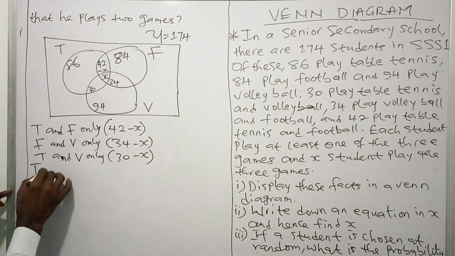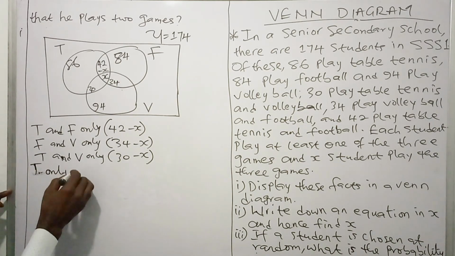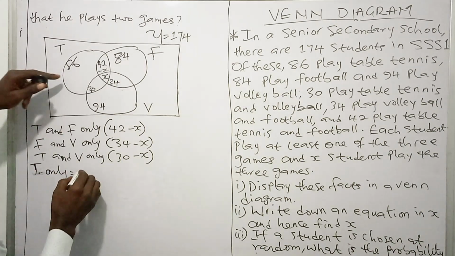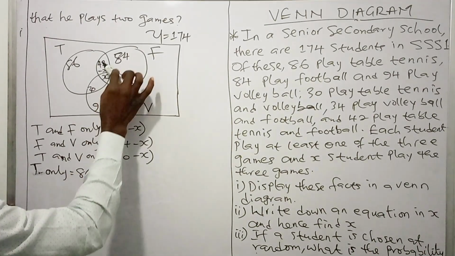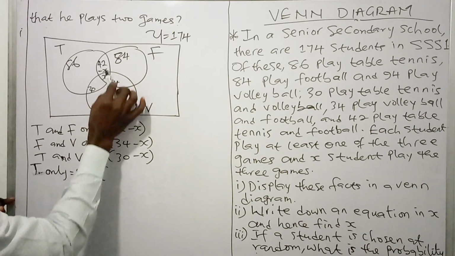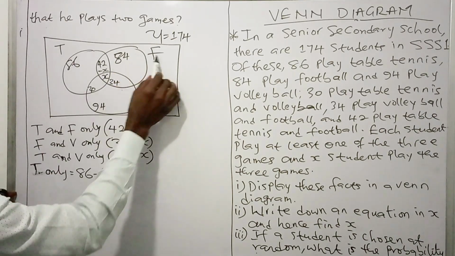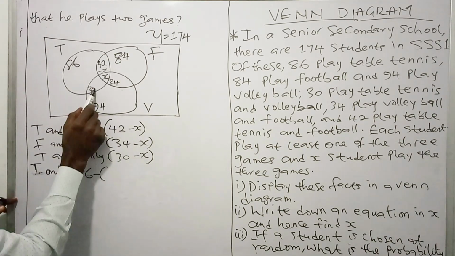All right. Now, to get those who play tennis only, the T denotes tennis. So tennis only is going to be 86 minus the addition of these values we have here, which are table tennis and football only, those who play three games, and those who play table tennis and volleyball only.